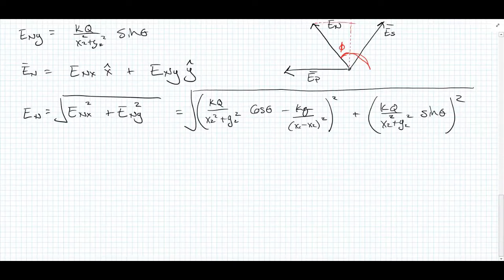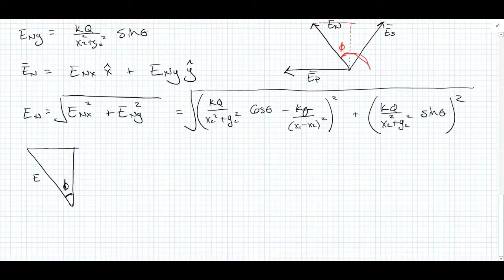Alright, the only thing I have left to do is to calculate that angle. So let me draw the triangle that I'm going to use. I'm going to use trig to find this angle, and then use it to determine the angle with respect to the x-axis. What I have drawn is a triangle that includes some angle.